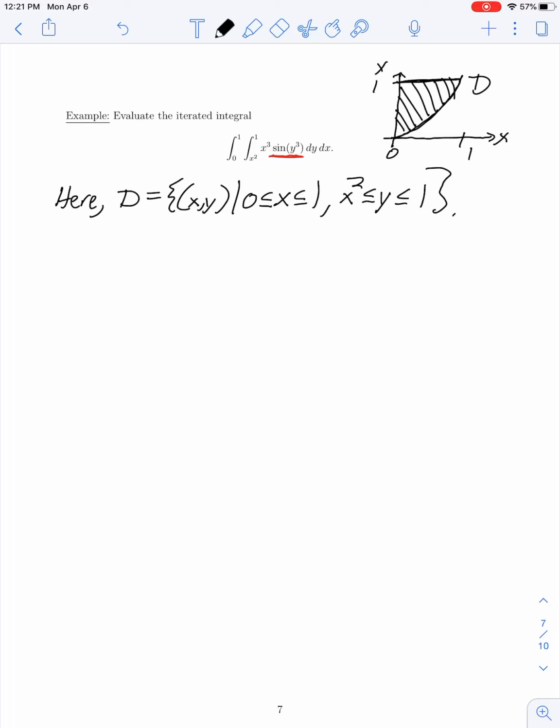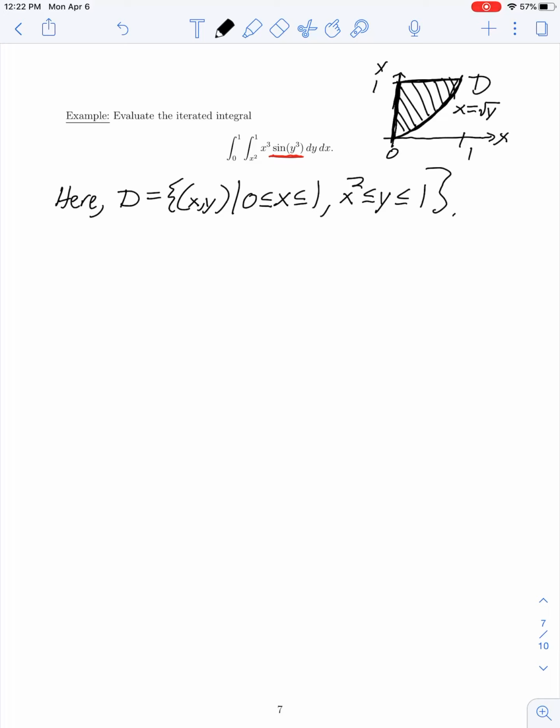So here our curve, which is forming the right-hand boundary of our region D, is the curve y equals x squared, or solving for x, x is the square root of y, and it's being bounded on the left-hand edge by the constant x equals 0.